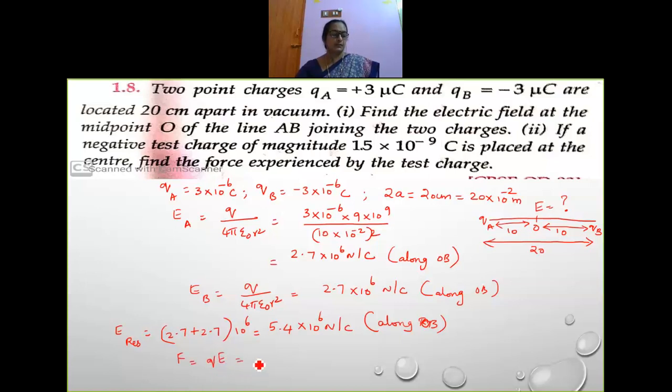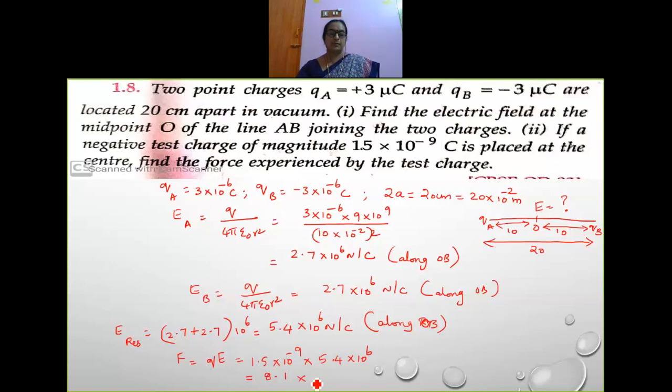So we know the value of charge to be, what is the value of charge? 1.5 into 10 power minus 9. Just now we found out the electric field, right? So it is 5.4 into 10 power 6. So what is the answer? 1.5 into 5.4 will be 8.1.